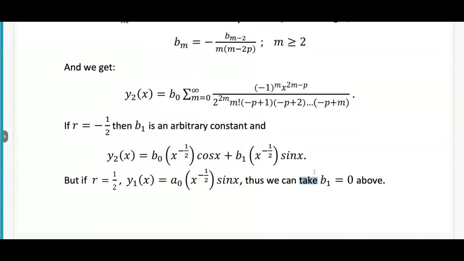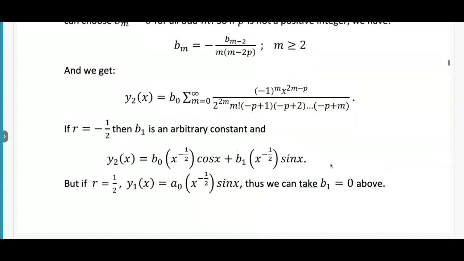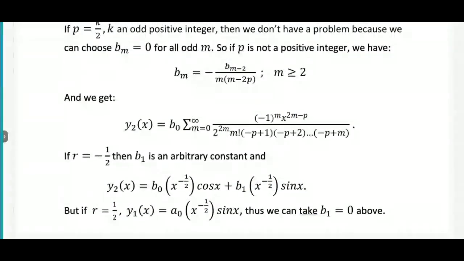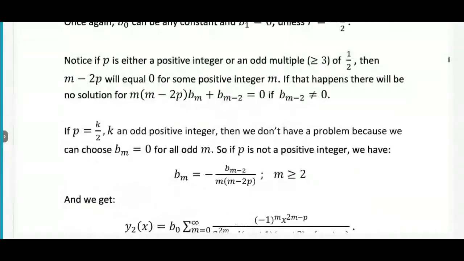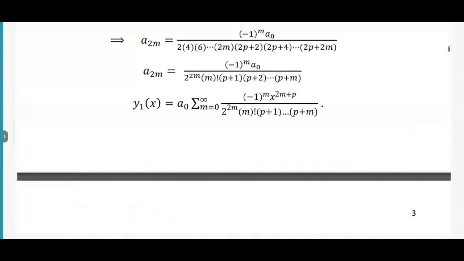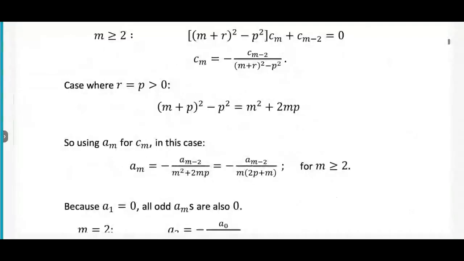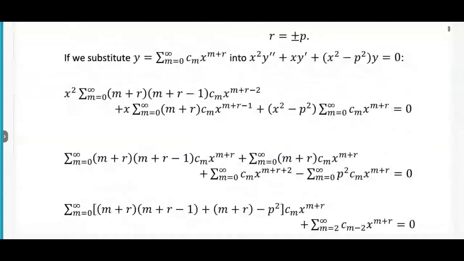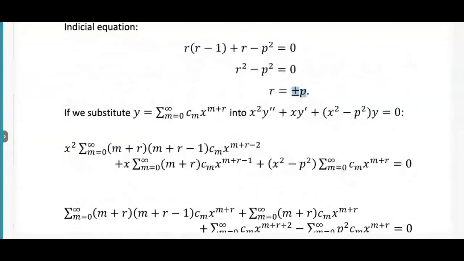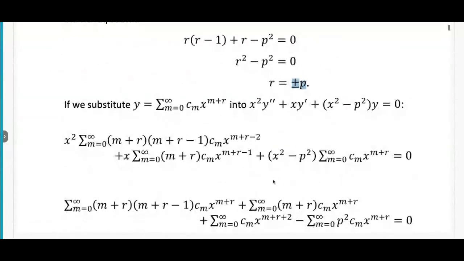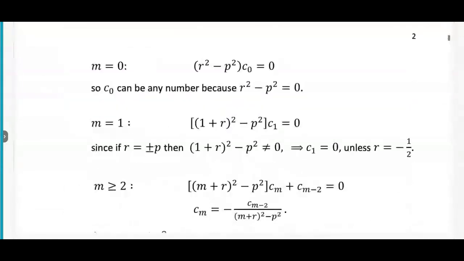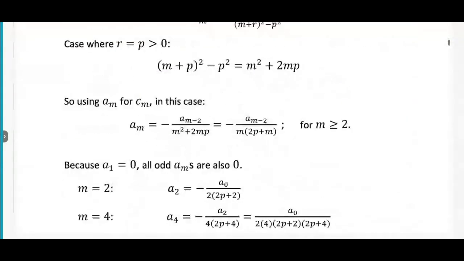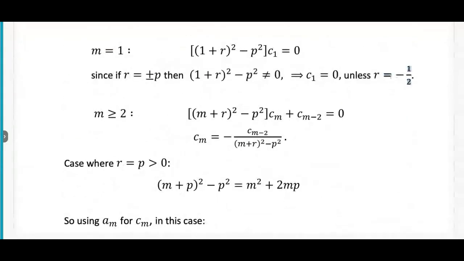Okay, anyone has any questions? Just a lot of calculations. Because the solution is plus minus p, we have to consider some different cases. p as an integer or p as a fraction.